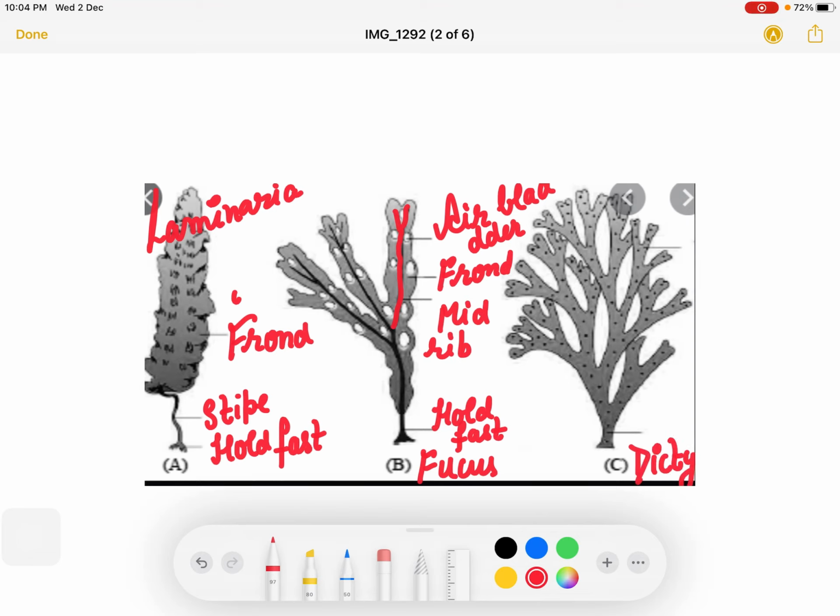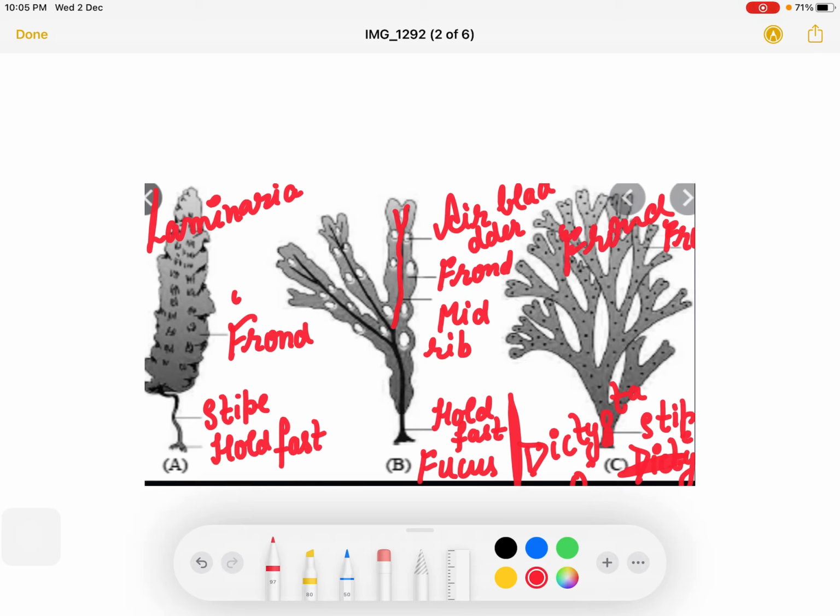Let me write it down here: Dictyota. Again, this particular structure is the stipe. If you look at your NCERT, I'm just labeling it stipe, and this leaf part is the frond. Let me label it frond, right?